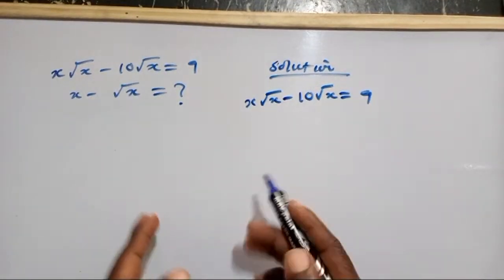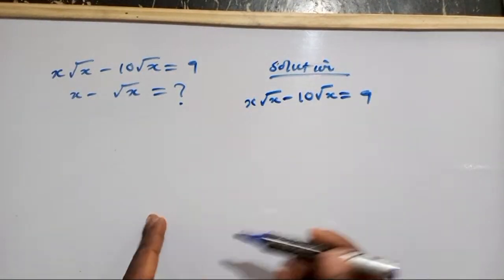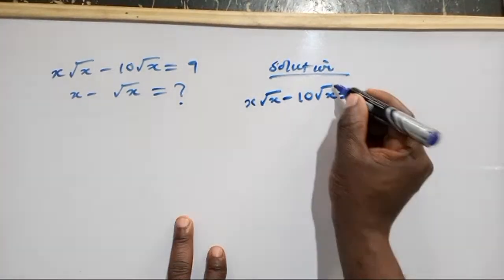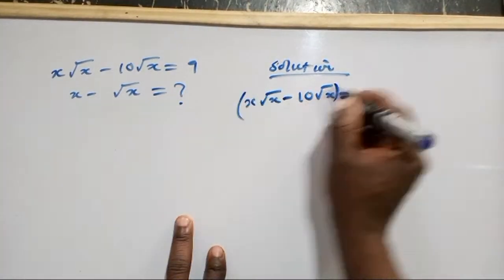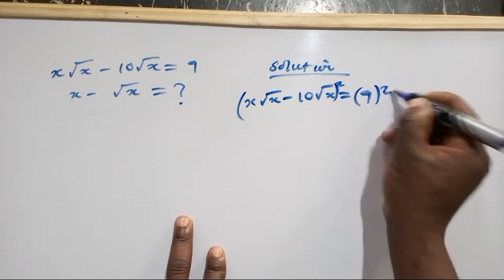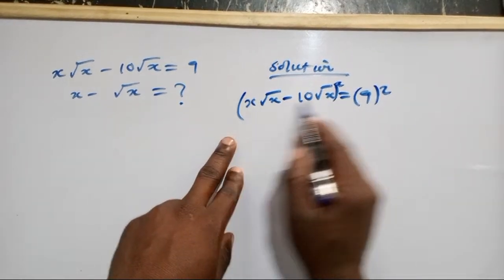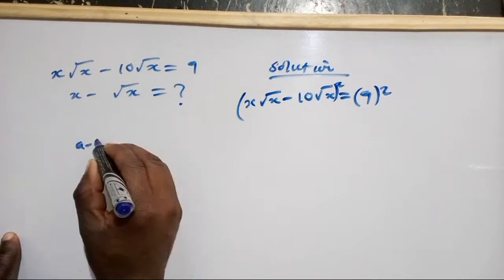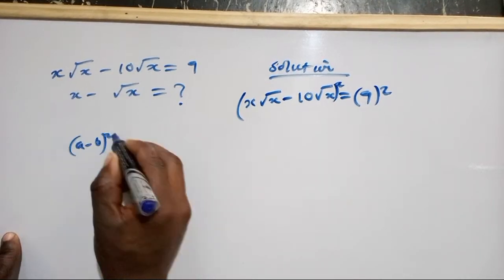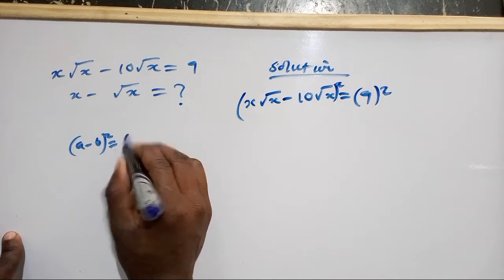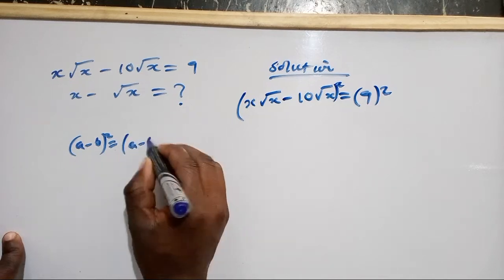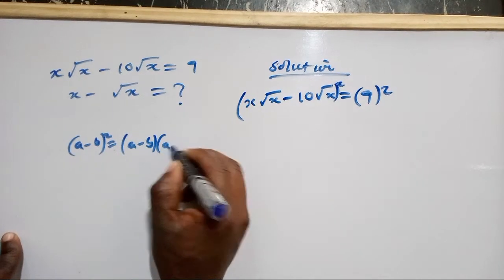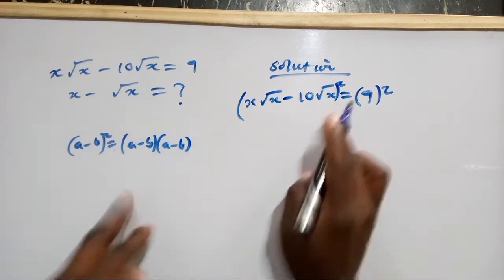For you to solve such a radical equation, what we have to do is square both sides, in which here you are going to have a term like (a minus b) squared, which is equal to (a minus b) times (a minus b). So we're going to do the same thing here.